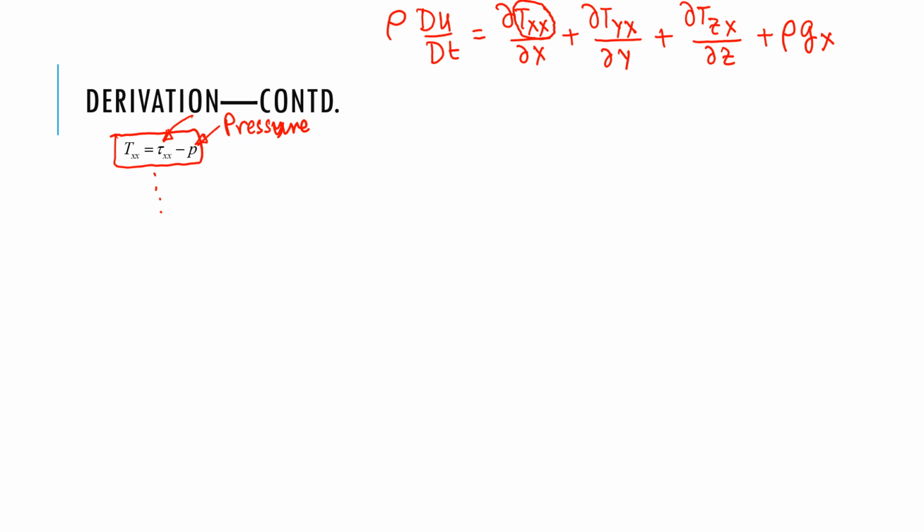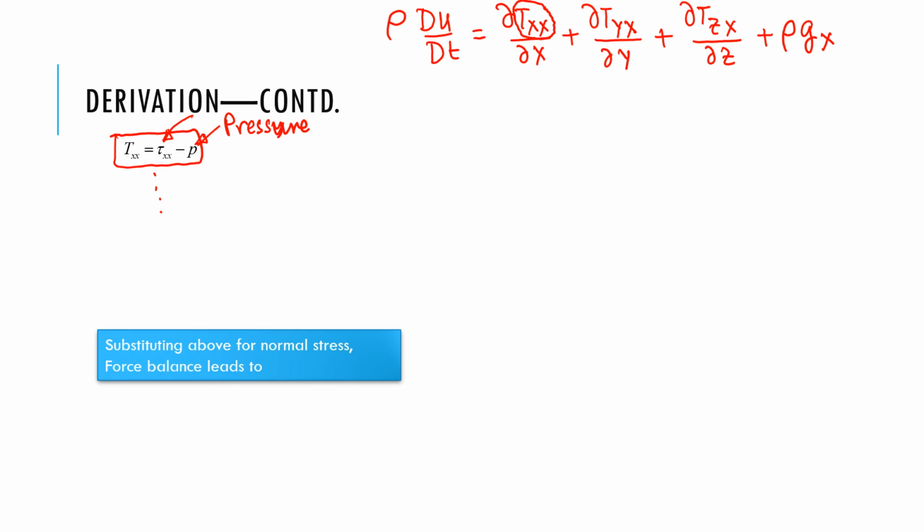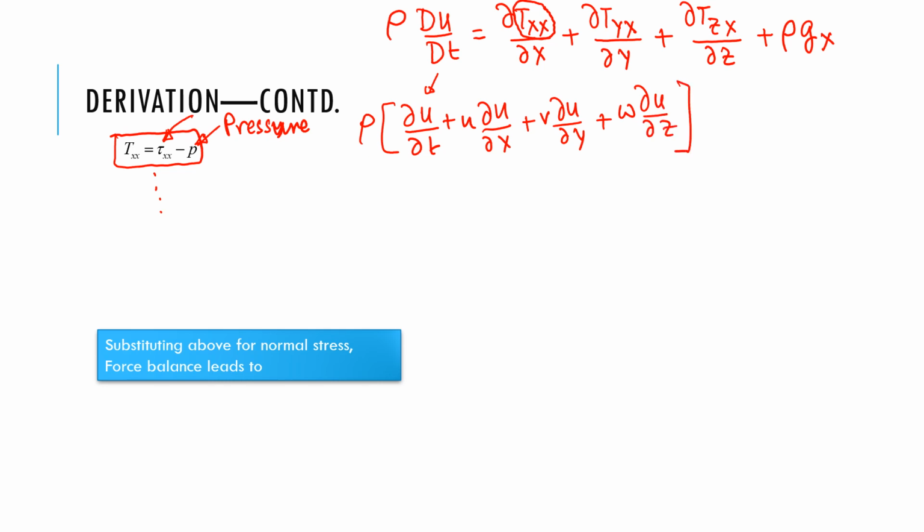So after doing that, we can expand this one, rho times ∂u/∂t plus u ∂u/∂x plus v ∂u/∂y plus w ∂u/∂z, where v is the velocity in the y direction and w is the velocity in the z direction.